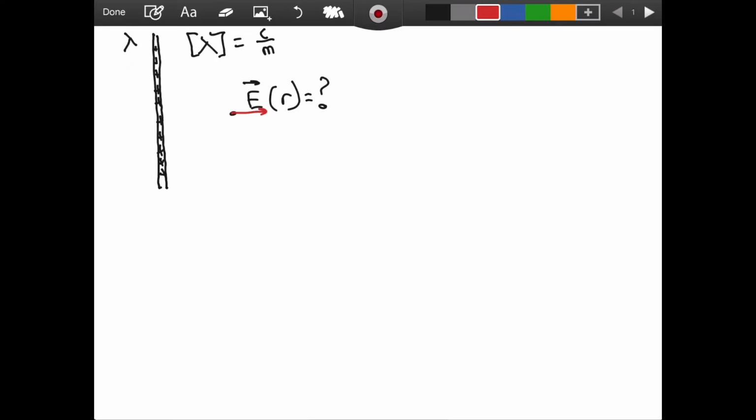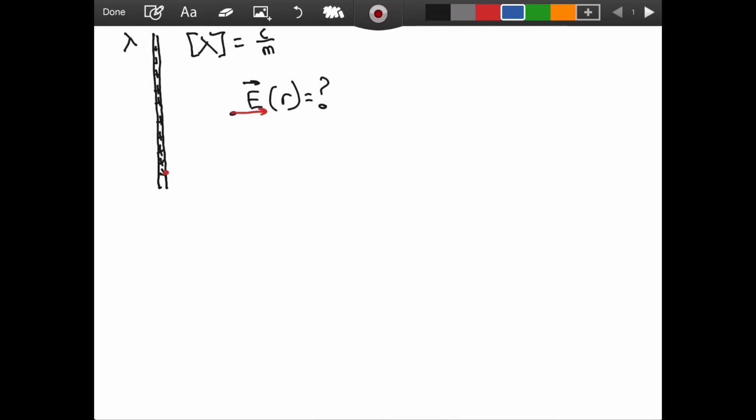If this point creates a field in this direction, then this point will create a field in this direction, and the vertical components will always cancel each other. So we will only have a component that is pointing to the right, away from the wire, right? Of course, if we were at this point, it would be to the left, from symmetry. I hope this point is clear.